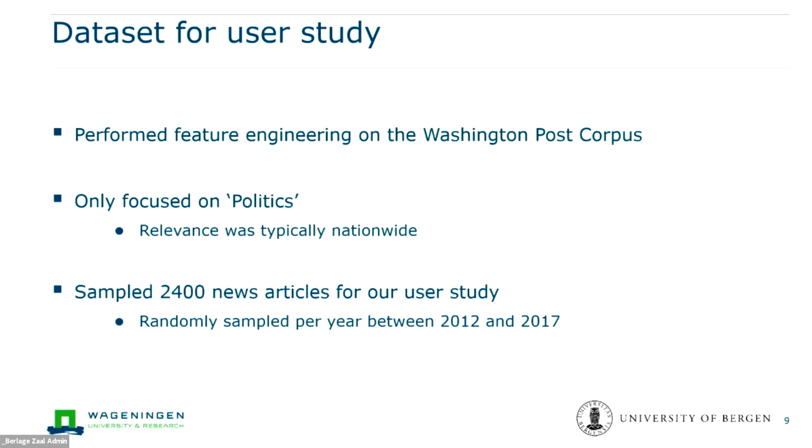Quite a few articles in the Washington Post would be about sports teams, and people from the Washington DC area would be able to recognize them, but not people from, let's say, the West Coast of the United States. And we sampled 2,400 news articles for our user study after performing some feature engineering.